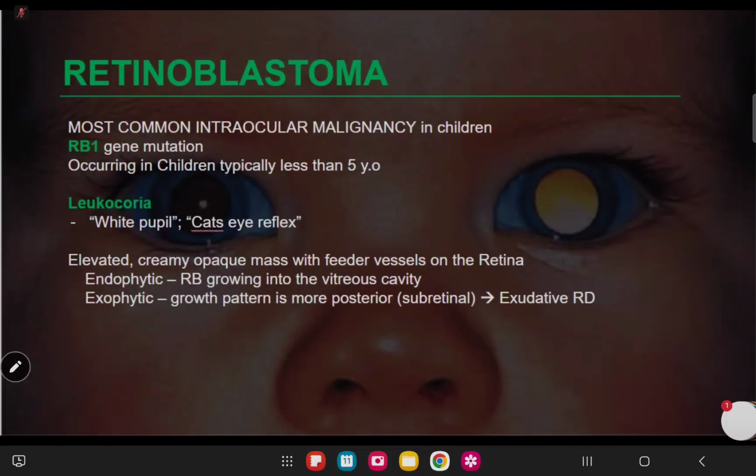It causes exudative retinal detachment. Endo, the growth is towards the inside, into the vitreous cavity. Exo, more posterior, going outside, subretinal, exudative RD.